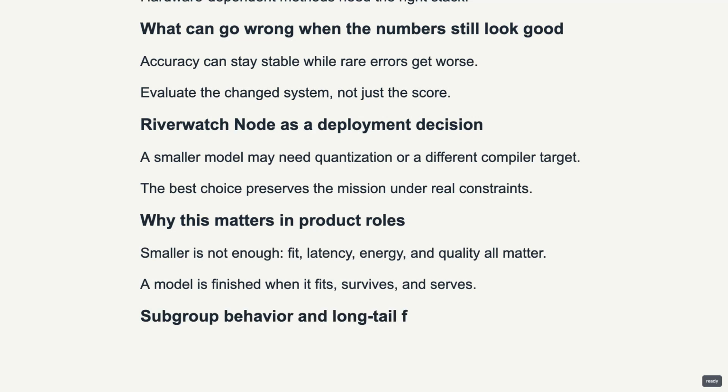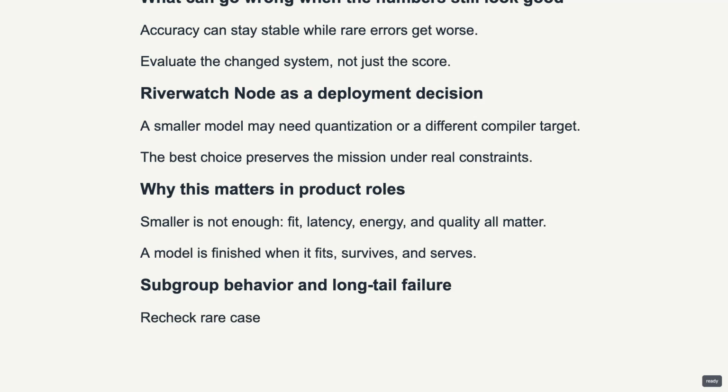The last check is where many optimizations are judged honestly. Once the model is compressed, the evaluation has to widen again to catch rare failures and subgroup effects. Rare species, minority physiology, noisy sensors, and seasonal edge cases can be the first things to degrade.